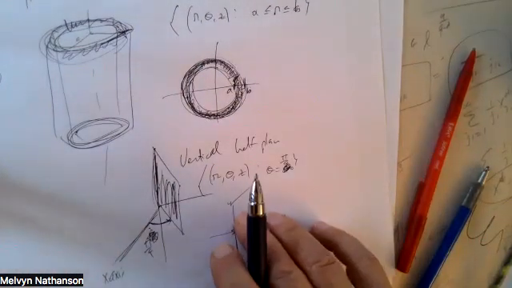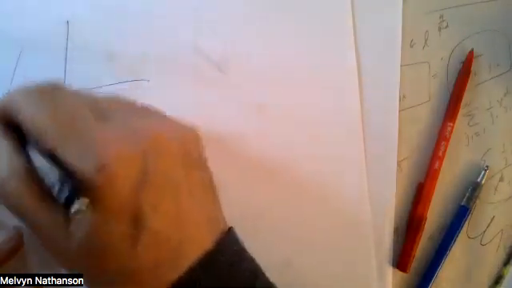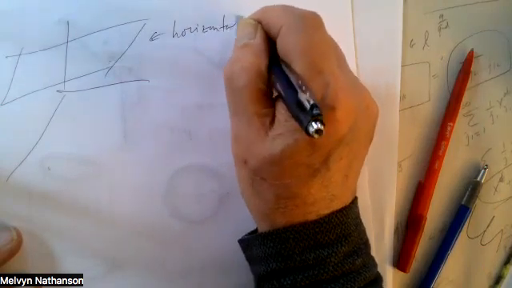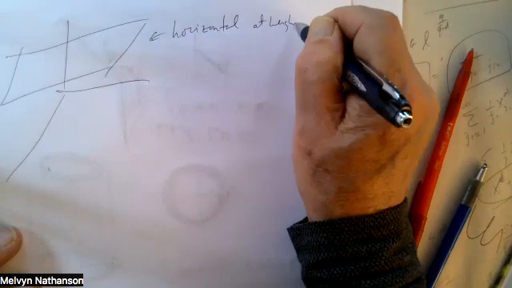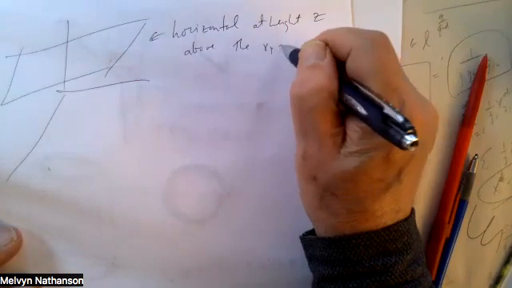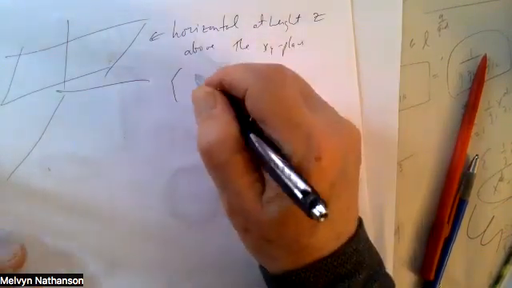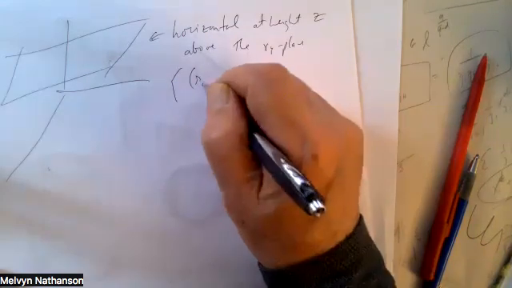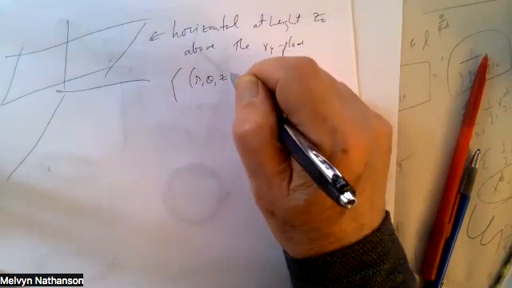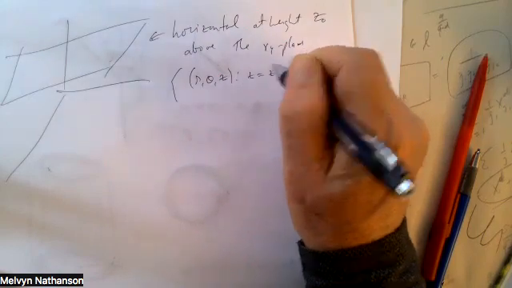This is a vertical plane. A horizontal plane is even easier to describe in cylindrical coordinates. So if you have a horizontal plane at height z above the xy plane, in cylindrical coordinates, this is all points r, theta, and z, where z is equal to z naught.